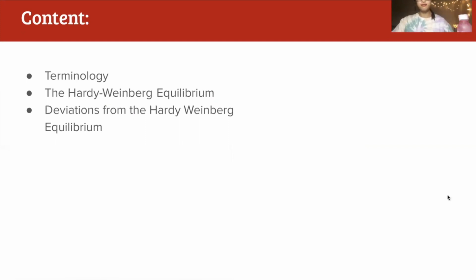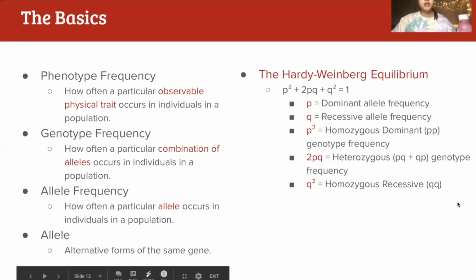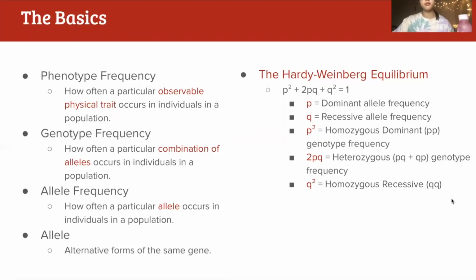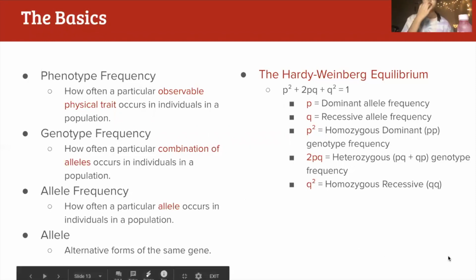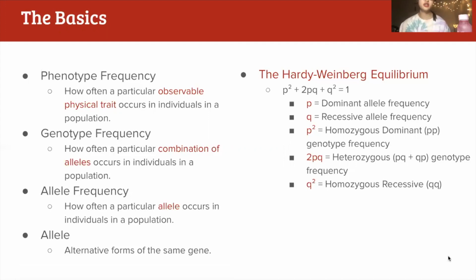So the basics are just these definitions here. Genotype frequency, phenotype frequency, and allele frequency. What are they? Phenotype means an observable physical trait. A genotype is a combination of alleles, and this combination of alleles is what produces the phenotype.